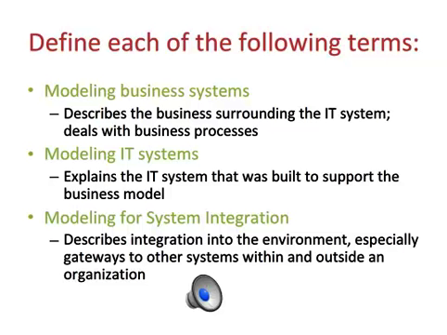Then we can talk about modeling for system integration, and this describes the integration into the environment, especially gateways to other systems, both within and outside an organization. So modeling business systems is covered in Chapter 3, which we'll look at next in the UML text. Modeling IT systems is taken up in Chapter 4, and modeling for system integration is looked at in Chapter 5.